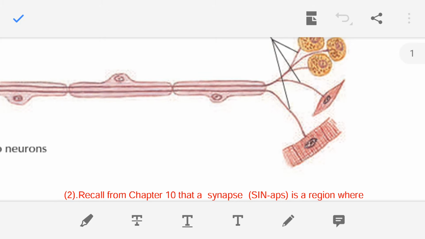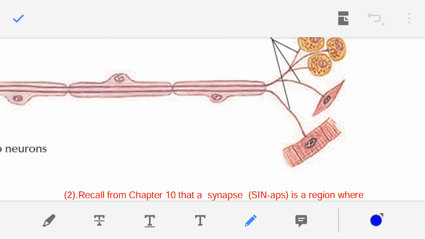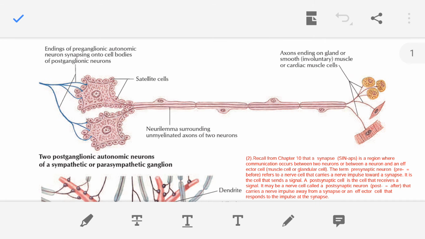The synapse can also be formed between the nerve cell and the muscle cell. So this is the smooth muscle, and this one is the synapse, and this can be a skeletal muscle or cardiac muscle cell, and this can be a synapse.